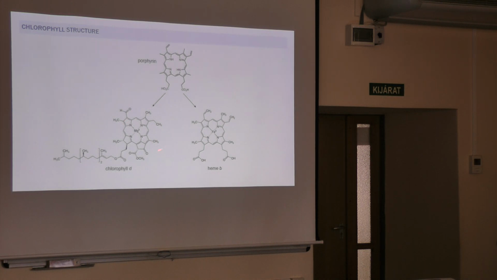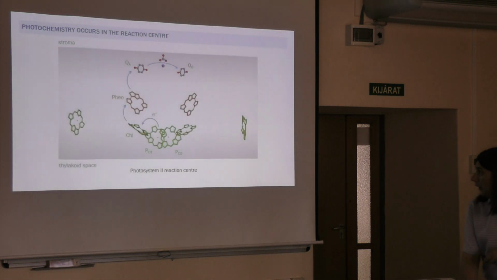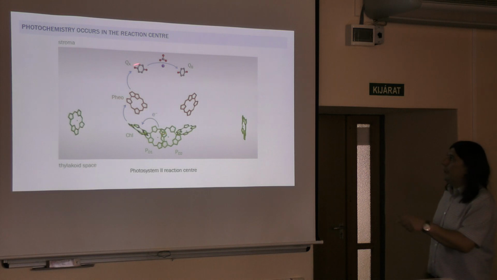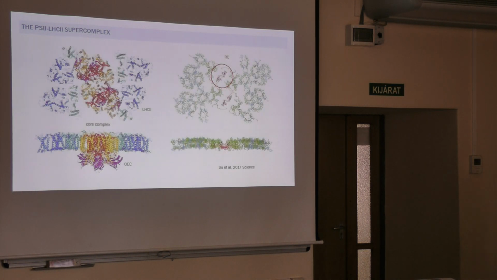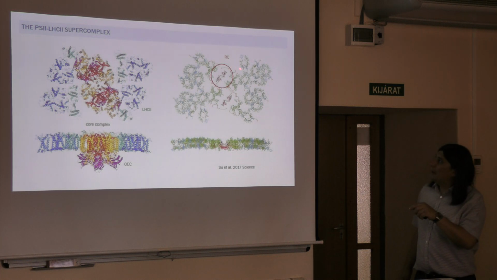Chlorophyll is the green pigment that absorbs the light and also does the charge separation to extract electrons from water and then move them towards carbon dioxide, right? So the primary charge separation is between two chlorophylls. But most of the chlorophylls in photosynthesis are in what is called the light harvesting antenna.